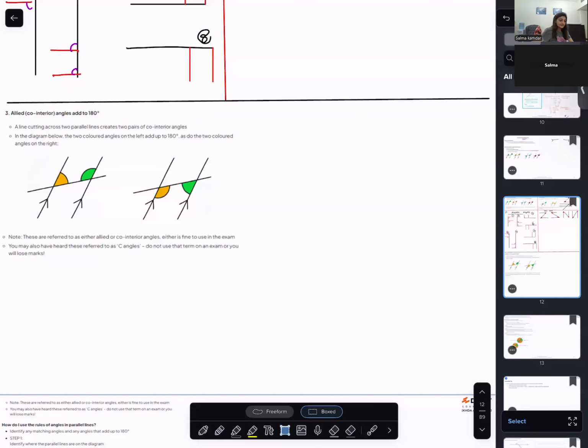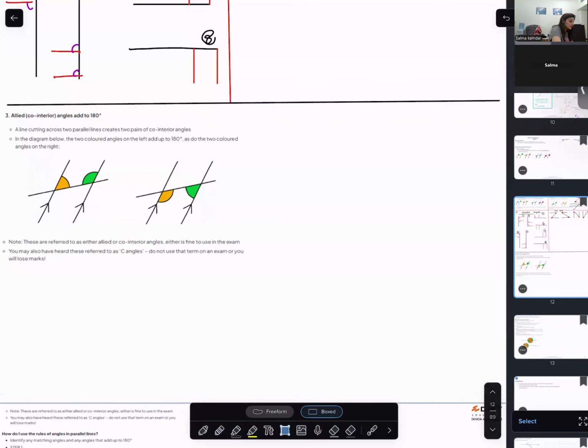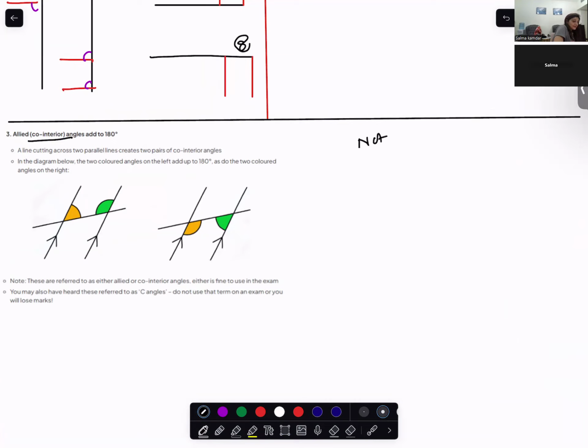Now let's talk about co-interior angles. When I talk about co-interior angles, these angles are not the same, but the addition of these angles would give you 180 degrees. You should know that. And co-interior angles look like a C. So you can have a C on the top, at the bottom, at the right, or at the left.